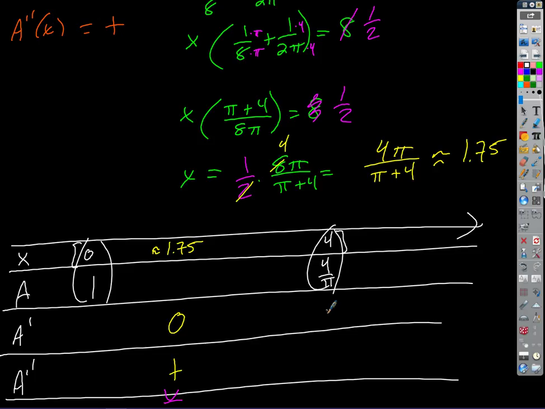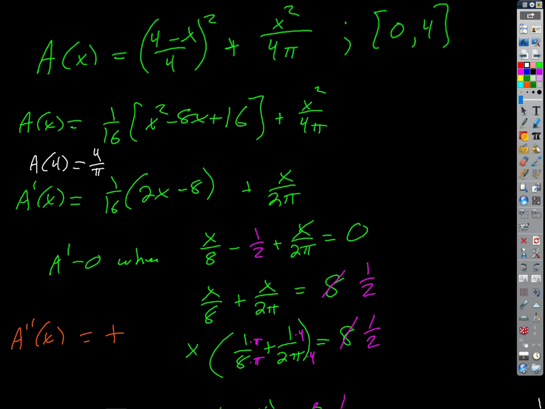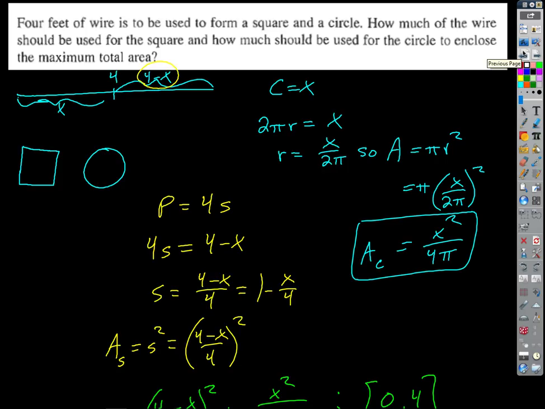How do you know which one is the circle? How do we know which one's which? Because we actually defined it. We said back here that the circumference of the circle was going to be x, right?